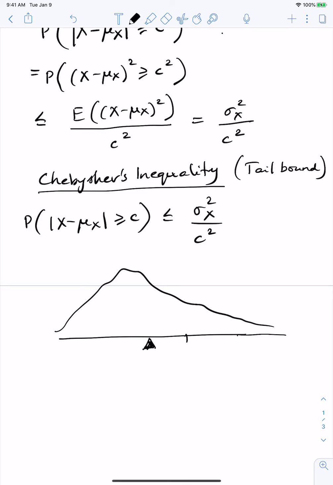So we have mu X, and let me call that one standard deviation of X, and then an equal amount on the other side is another standard deviation of X. Standing at the mean and walking in units of standard deviations on either side is going to become a very common move. And so supposing I go two and a bit standard deviations on either side of my mean, and I look at the tails there.